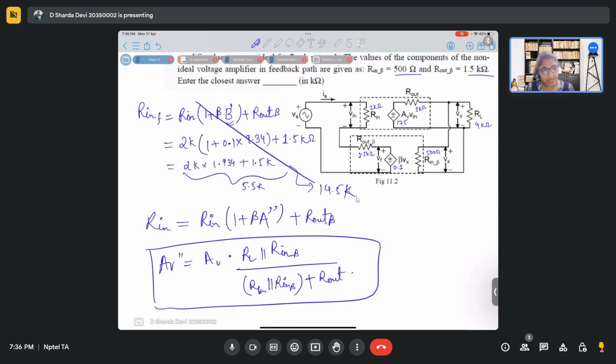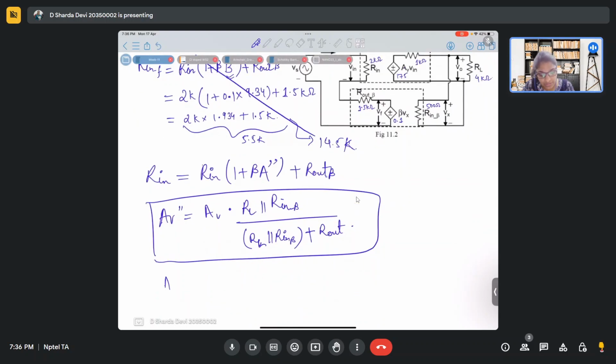So the gain considering these non-ideal conditions, this A_V'' will be 175 into 4K parallel 500 ohms, upon 4K parallel 500 plus R_out, which is 1K. So how much will it be?